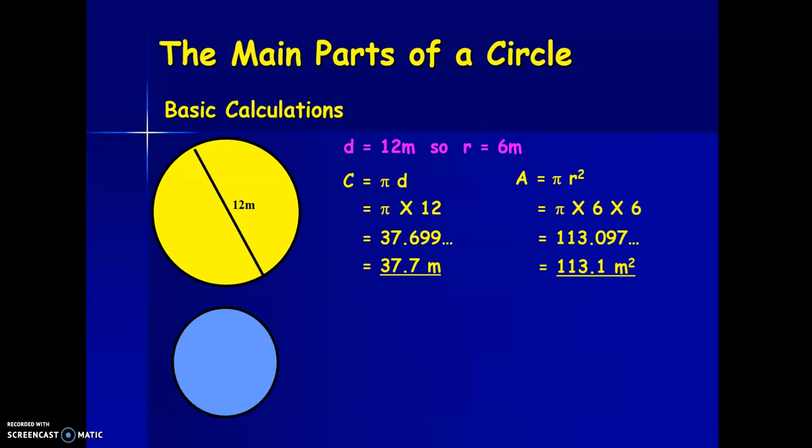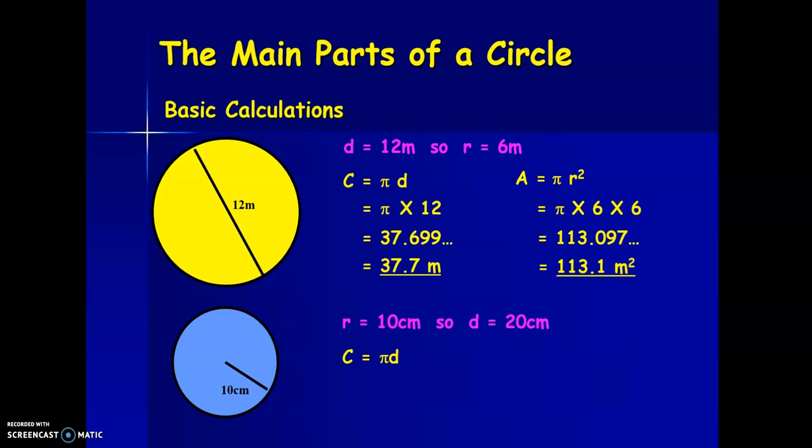The second example we have is a circle with a radius this time of 10 centimetres. If the radius is 10 centimetres, then the diameter will be double this, so the diameter is 20 centimetres. From this we can calculate the circumference.